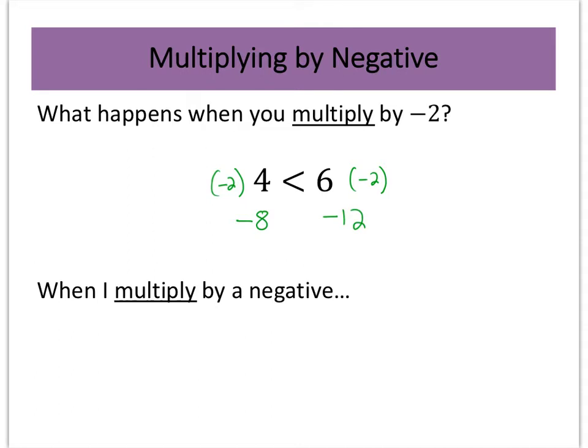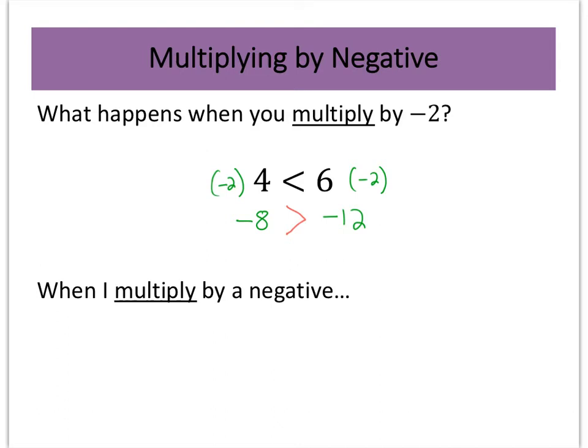Now, there's a big problem here because if I just copy this sign, well, negative 8 is more negative than negative 12, no wait, negative 12 is more negative, and so it is a smaller number, and negative 8 is a larger number. So we have to be really careful that when we're multiplying, the sign is going to flip. The symbol switches places because I multiplied by a negative.